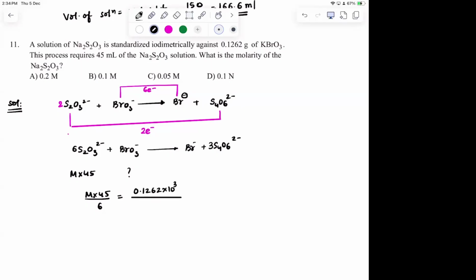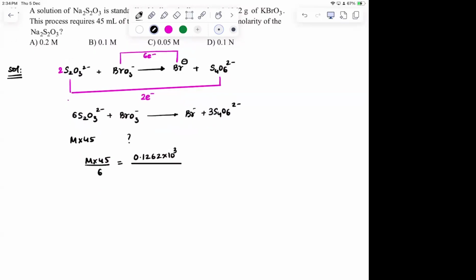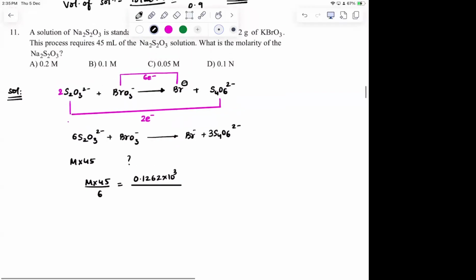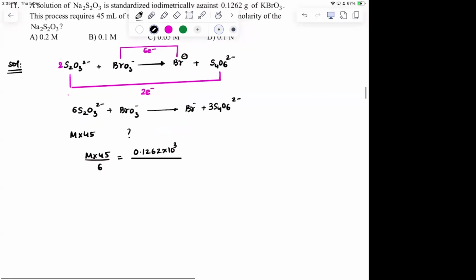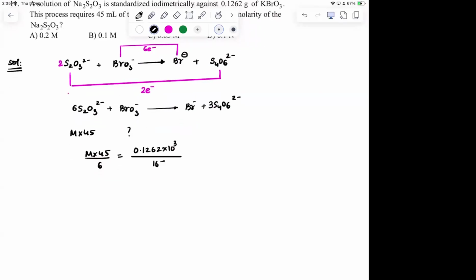Okay. The molar mass of KBrO3, let me write down that molar mass here. How much is it? 39 plus 80 plus 48. So that is coming out to be 167 here.